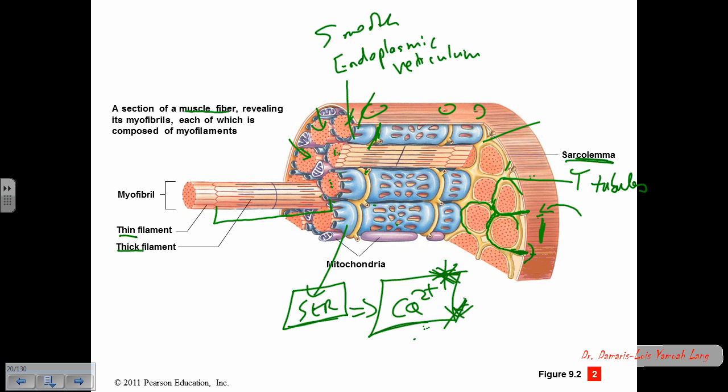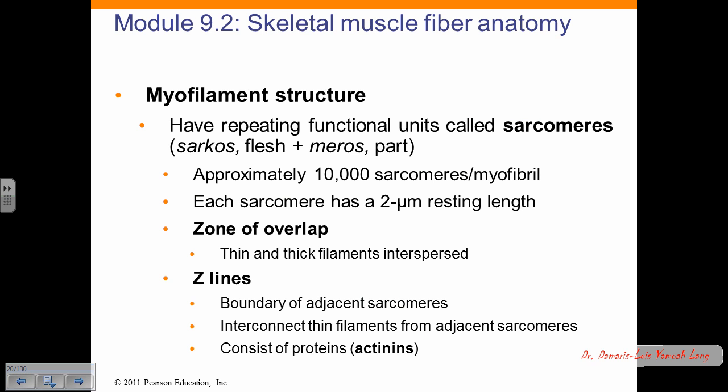And guess what? Instead of calling it smooth ER, they now call it sarcoplasmic reticulum. They call it sarcoplasmic what? Reticulum. All right. And of course, there's a whole lot of what? Mitochondria all over in order to give what? The energy that is needed.